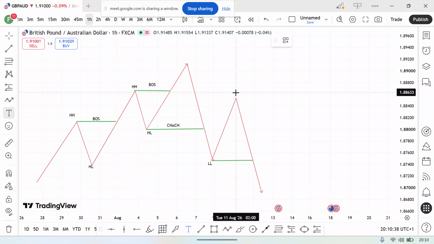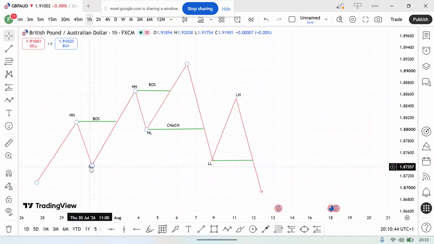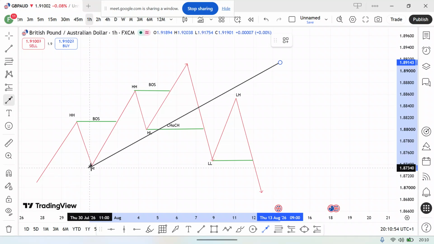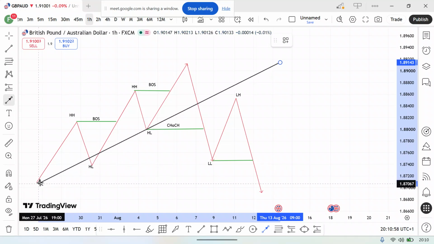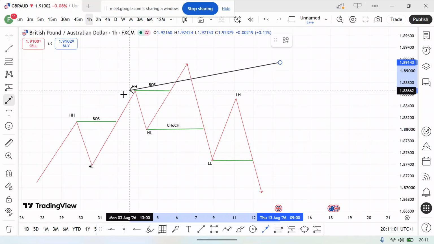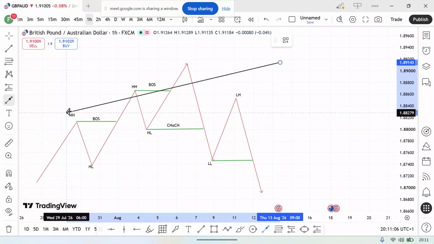So like I told you guys yesterday, the reason why we call this a higher low is simply because this low is higher than the previous low. Okay, let me show this with an arrow. So the reason why we call this a higher low is simply because this low is higher than this one, while this one is higher than this one, and this high is higher than the previous high, and this high is higher than the high that led to this one.